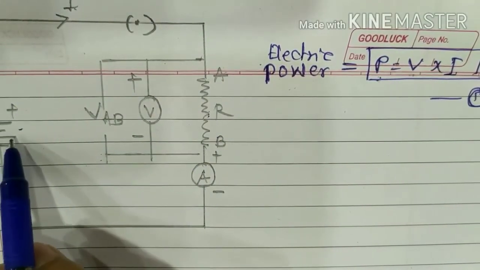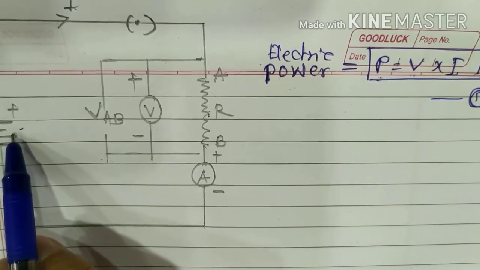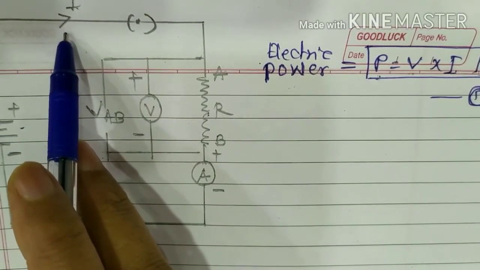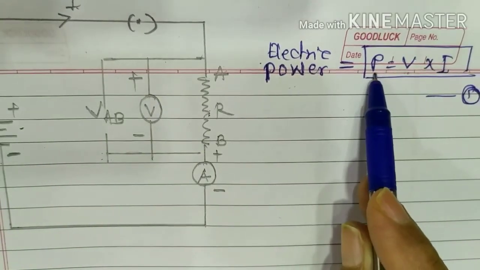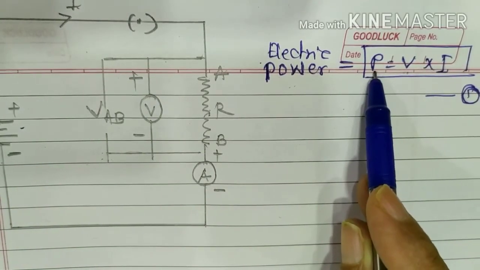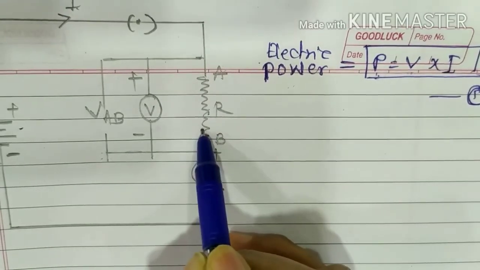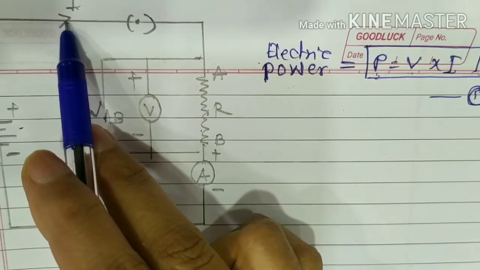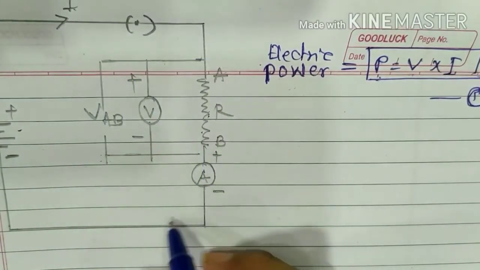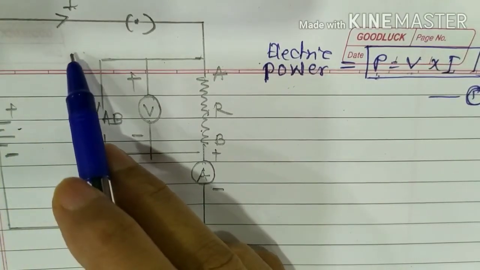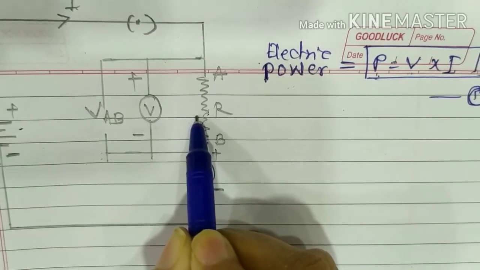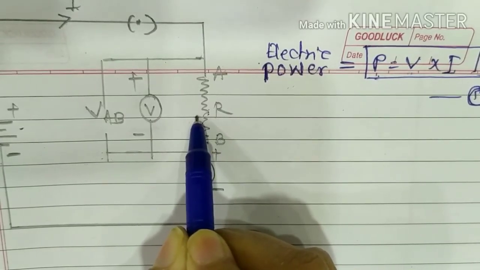Hence the cell gives in time t the energy P into t to this resistor AB, if I is the current flowing continuously in this circuit.